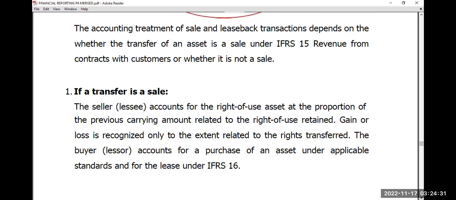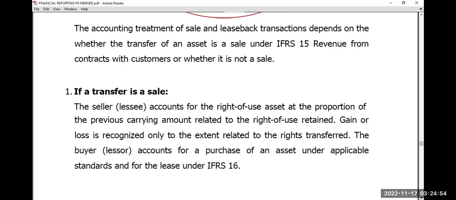The accounting treatment of a sale and leaseback depends on whether the transfer of an asset is a sale under IFRS 15, revenue from contracts with customers, or whether it is not a sale. So these are the two scenarios.